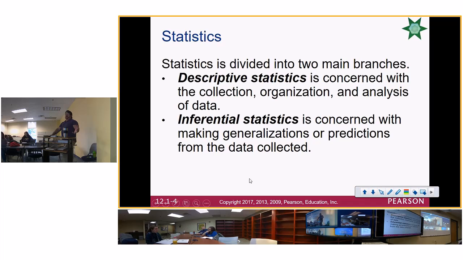Did you go get that data or did they do that data? They did it. So that would be inferential. So if you're getting data from a test question, if you're getting data from a business or an institution like the DOT, then that would be inferential statistics. So make a distinction between the two.